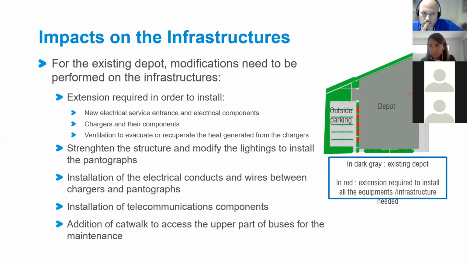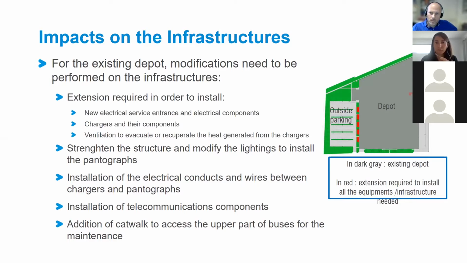So what you see here in gray is our existing depot, Stinson. And if we want to add 100% electric buses in this depot, we need to extend. What you see in red is the space required to expand the building. We will also need to strengthen the structure and modify the lighting to install the pantographs.